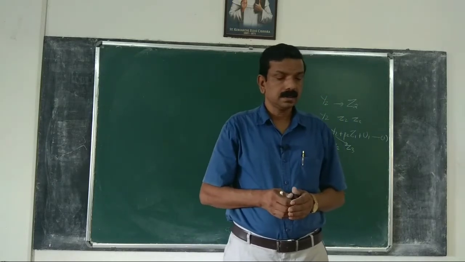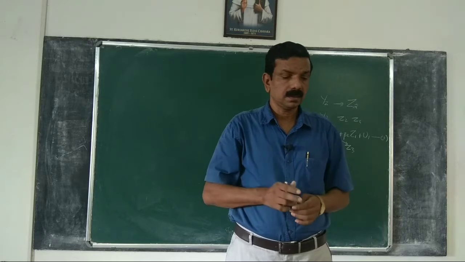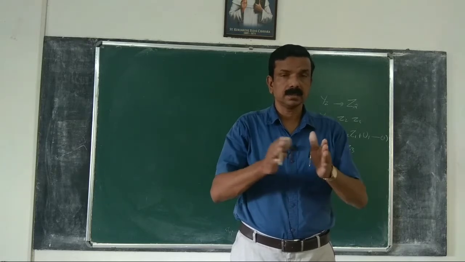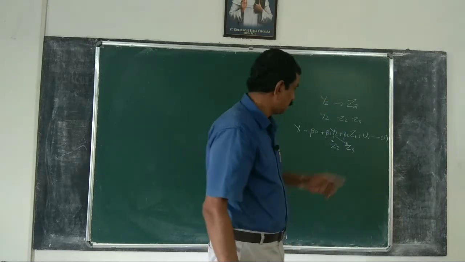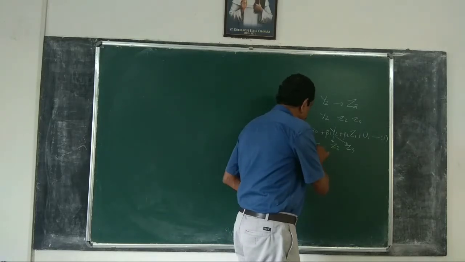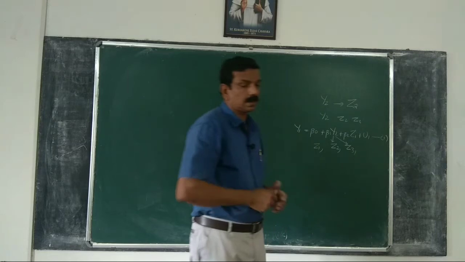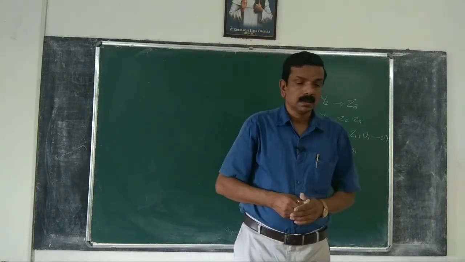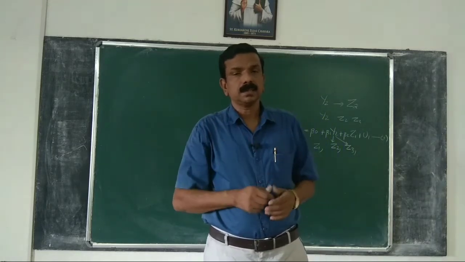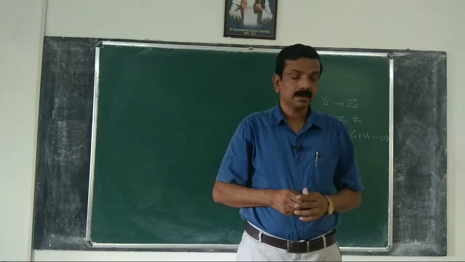And since each of z1, z2 and z3 is uncorrelated with u1, any linear combination is also uncorrelated with u1.